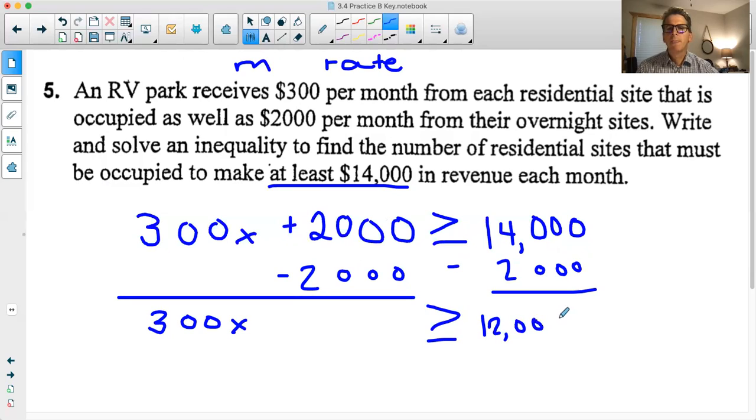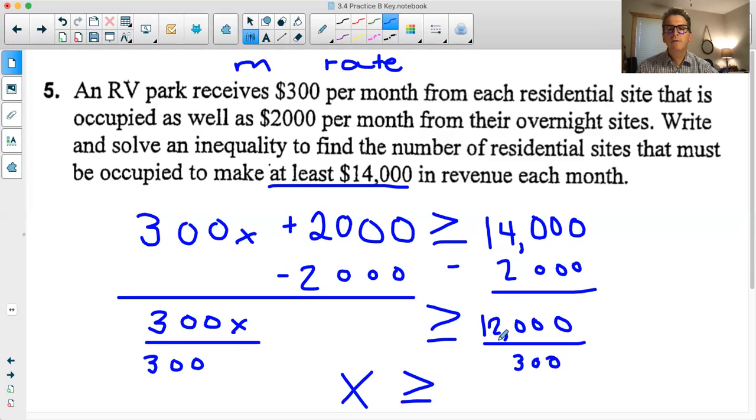Then you divide by the $300, and you'd have the number of units X greater than or equal to 12 divided by 3 is 4, and you got 40 units.